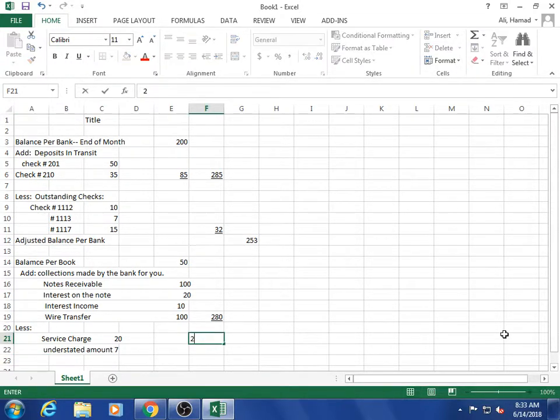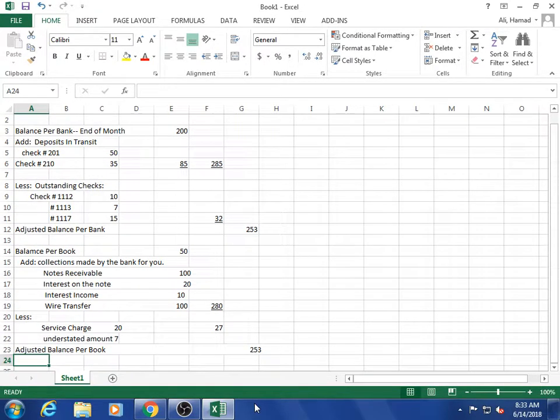The corrected balance now, the adjusted balance per books, is 253.